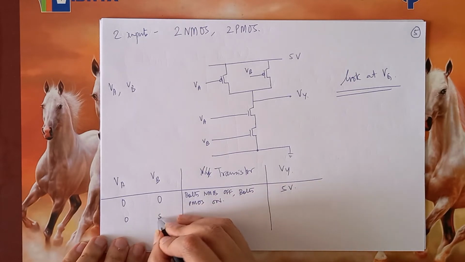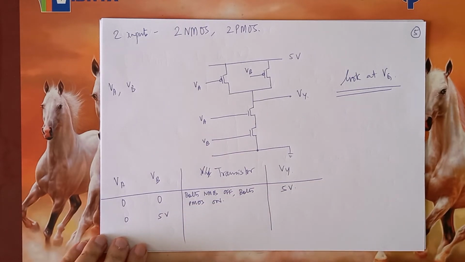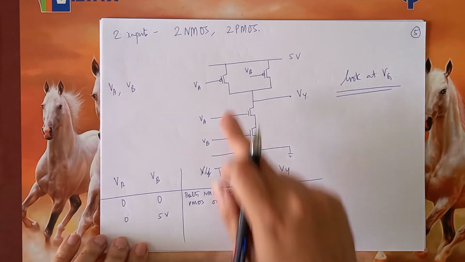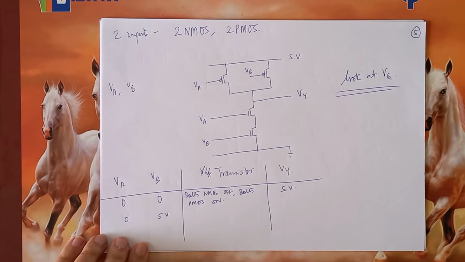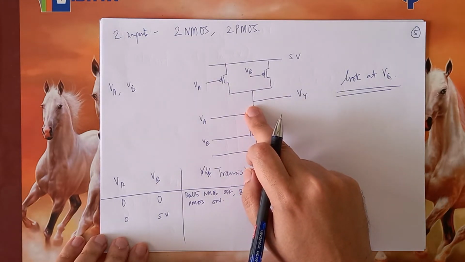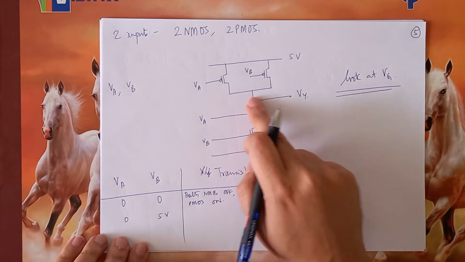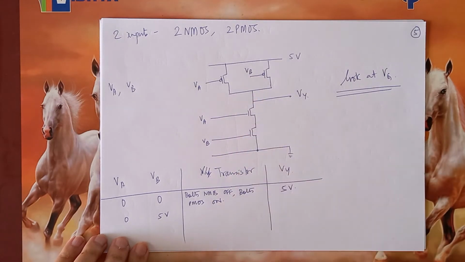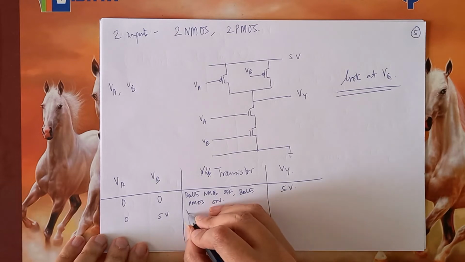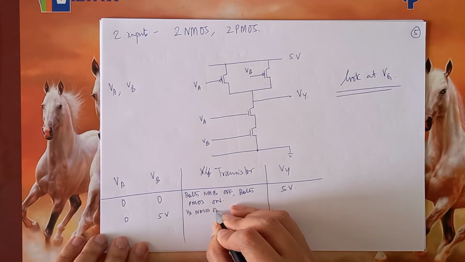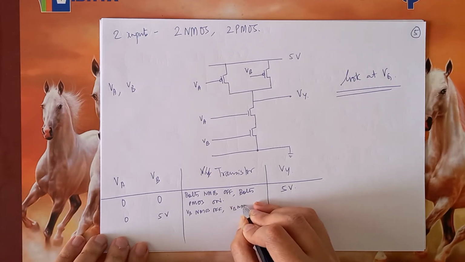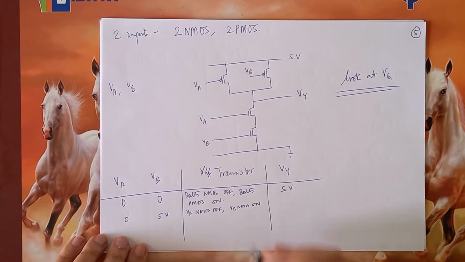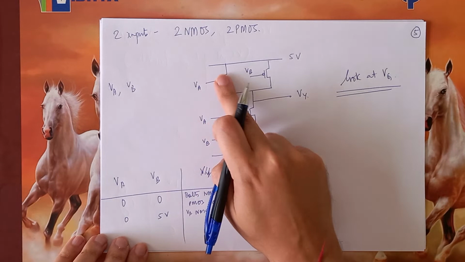Let us now look at 0 and 5 volts. Suppose VA is 0 and VB is 5 volts. If VA is 0, this top NMOS will be off and this NMOS will be on. So we'll say VA NMOS off, VB NMOS on. Now what about the PMOSs? VA is 0, so this PMOS will be on.